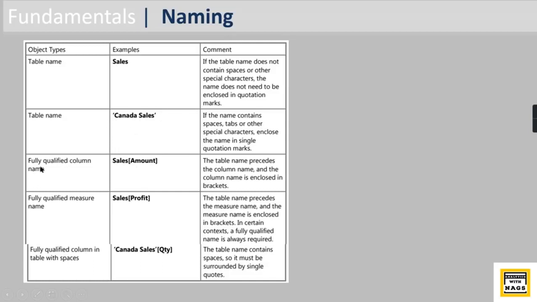People also say fully qualified name, meaning when you reference a column, you reference the table name along with the column name within brackets. A column name or measure name, both are similar, as you can see here. And if the table name contains a space, as you see, it is within single quotes, and then you mention quantity, which is the column name.